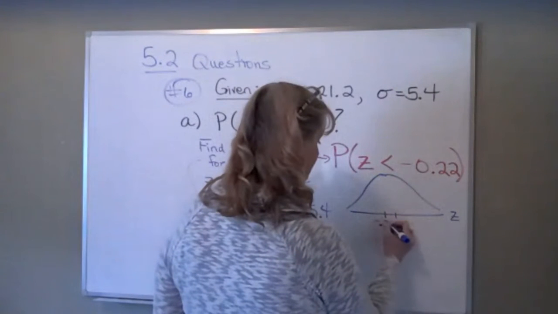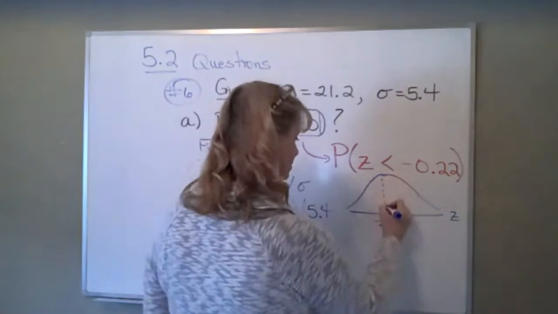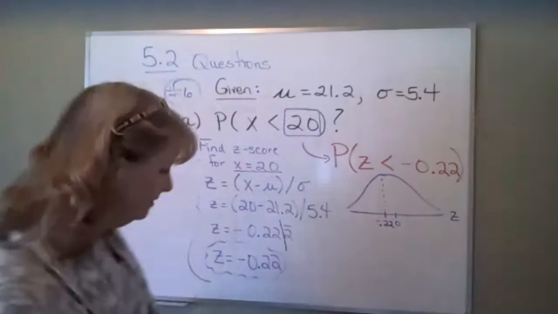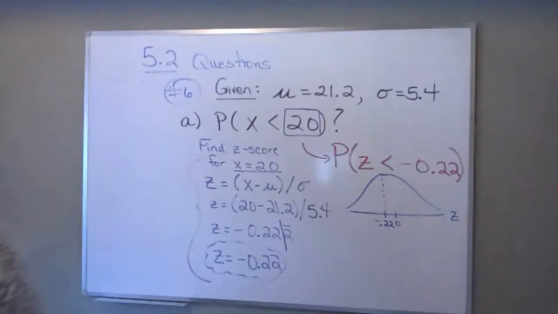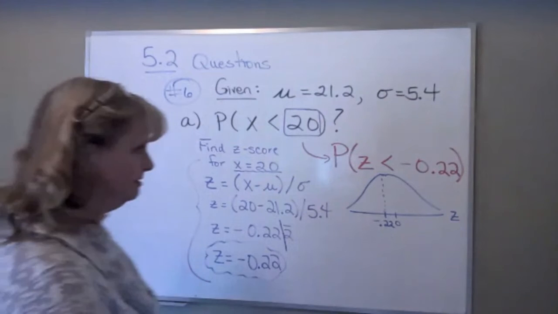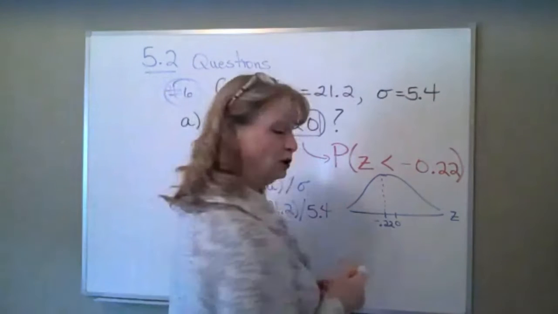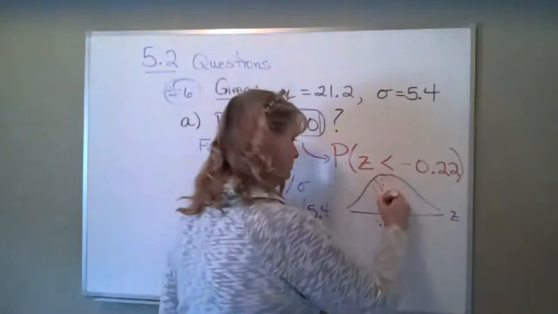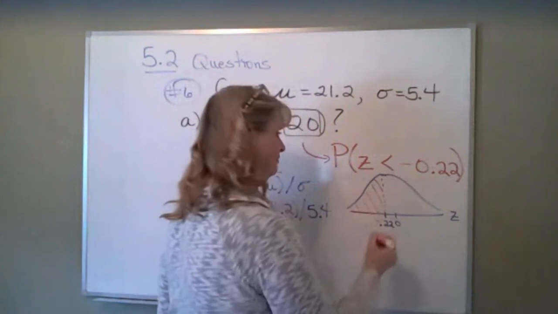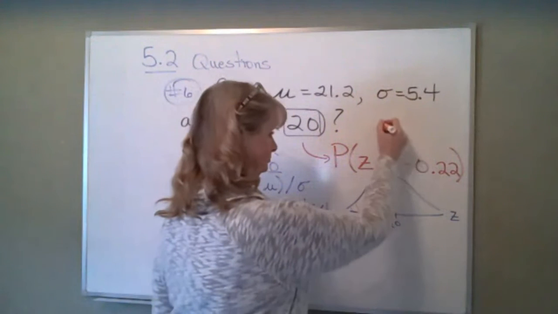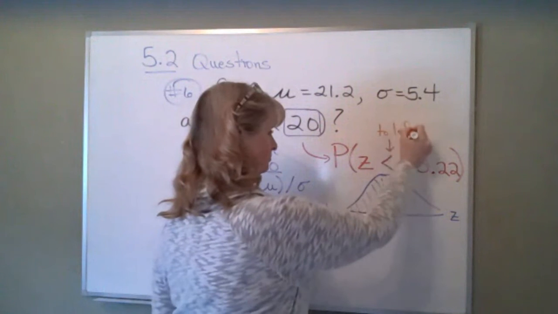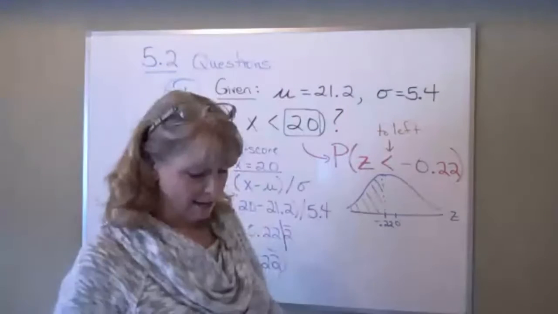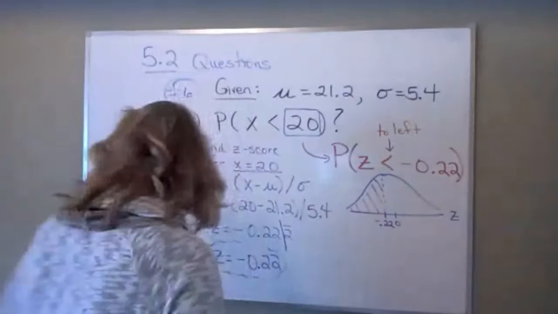I'm going to put it to the left of 0 because it's negative, and I'm going to draw a line. If I'm looking for the probability that z is less than this number, that means I'm looking for the area under the standard normal curve to the left. Less than means to the left. That happens to be what our table gives us, the area to the left.